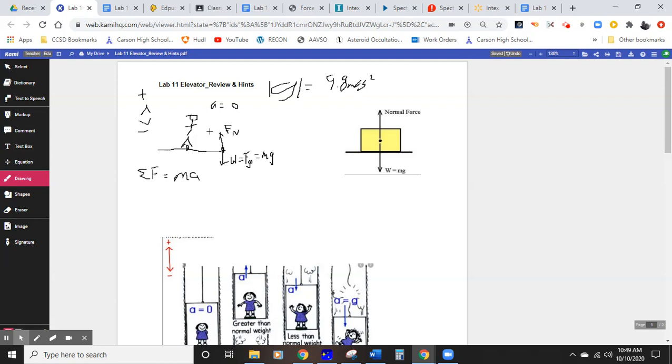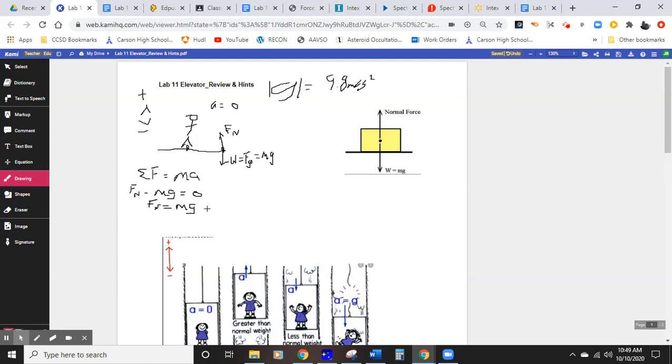We have the normal force, which is positive, force normal, minus the force of gravity, which is negative, mg, equals zero because acceleration is zero. Therefore, in this particular case, the normal force is equal to just mg. The normal force in this case is just equal to the weight, mg.